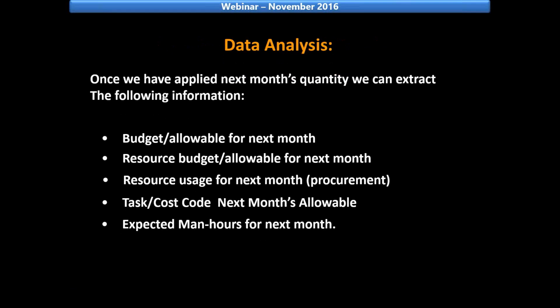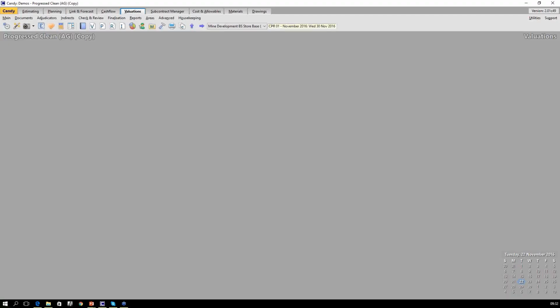So the first one we're going to have a look at is our budget or allowable for next month. That's a real easy one. What we need to do is we take our standard valuation document where we've added in our next month quantity column, and we're going to go and add in our next month net amount column to that layout.